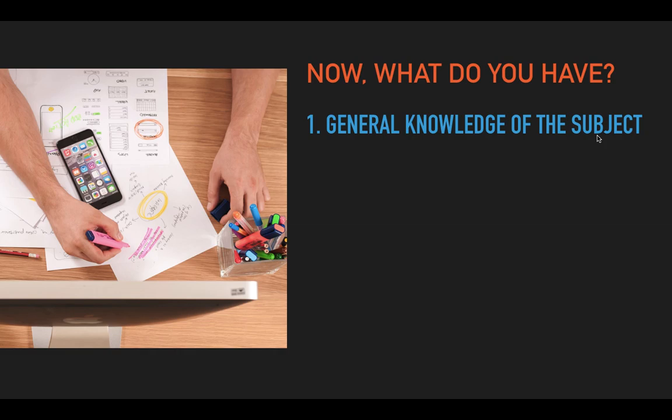So, general knowledge of the subject. At this stage, you can start talking to people. You can start making videos on transgender narratives or talking to people and teaching people, so that you will get clear on what you know. Your ideas will become clear.